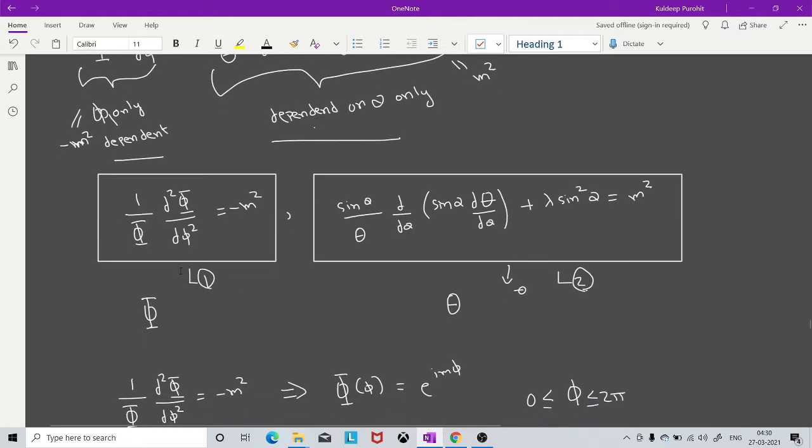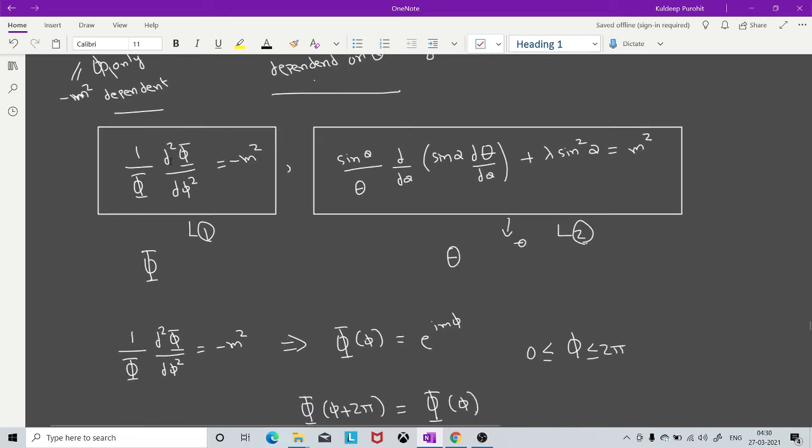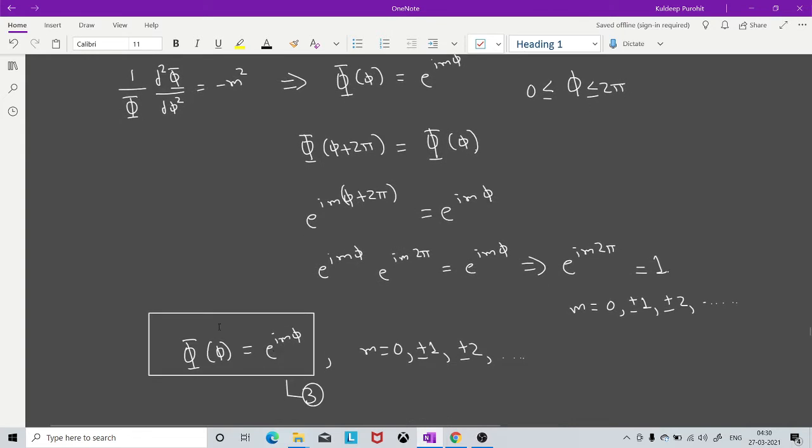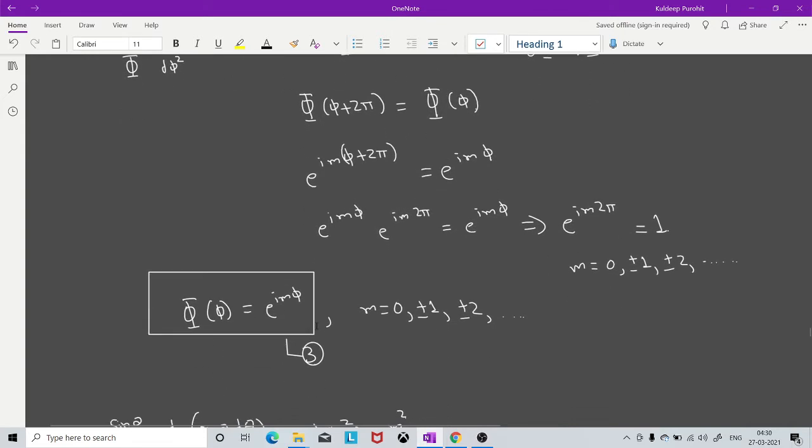First we solved the phi dependent part and got the solution of phi equal to e to the power i m phi, where the values of m are restricted to 0, plus or minus 1, plus or minus 2, and so on, all integer values, positive and negative.